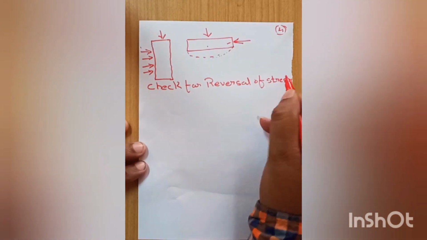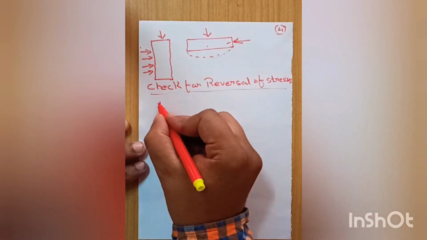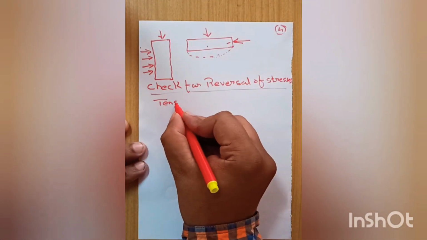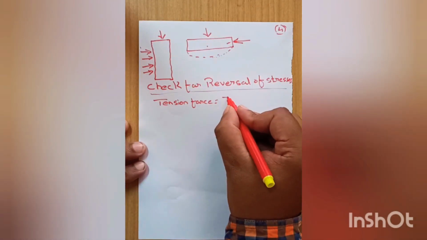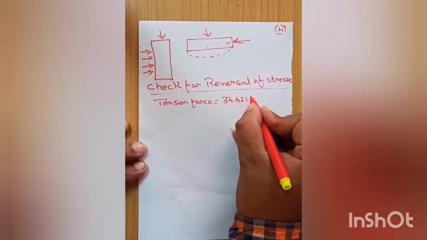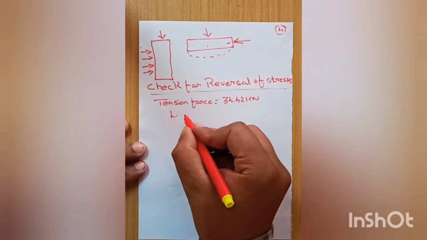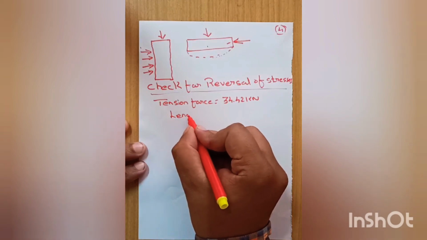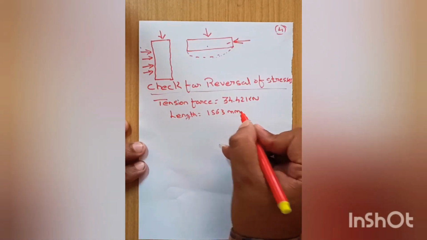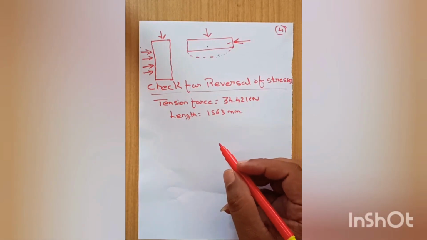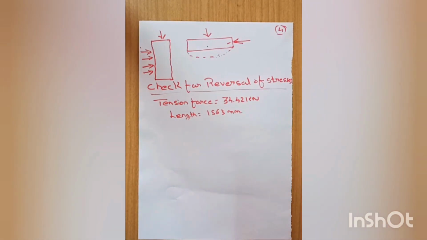Now the tension force is 34.42 kilonewton, length is 1863 mm. We need to perform all three checks: due to yielding, due to rupture and due to block shear.